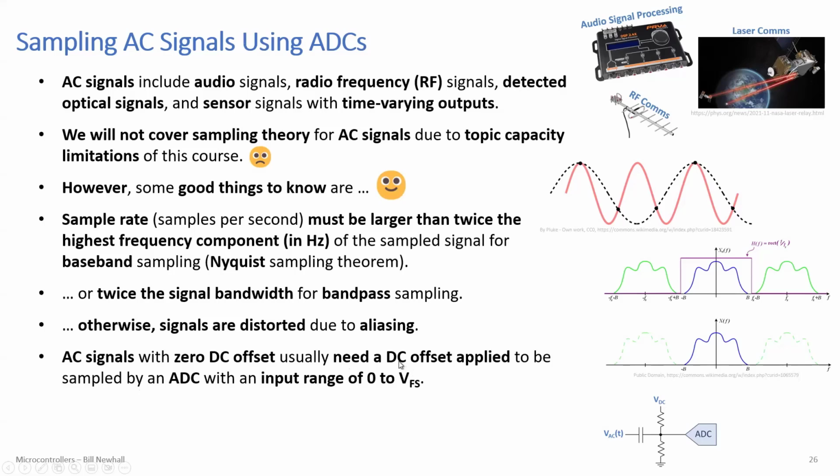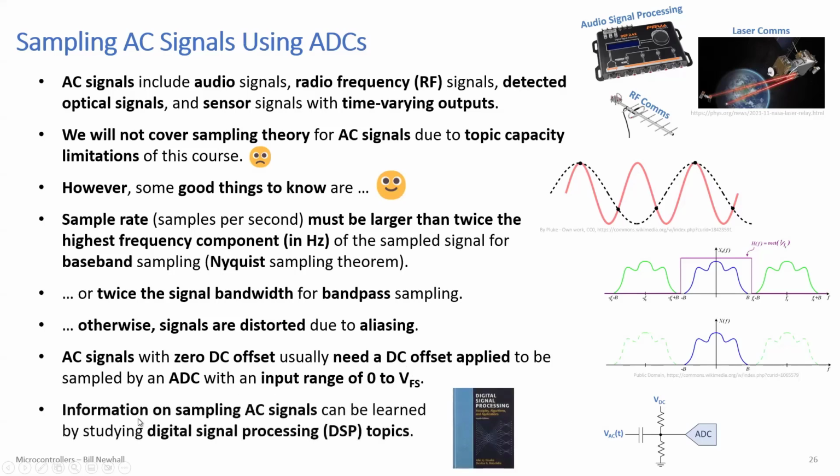There's a whole lot to say about this, but information on sampling AC signals can be learned if you study just the intro parts of DSP topics. You can find a textbook or a web page describing this, and you can learn these topics and sample AC signals, like audio signals.